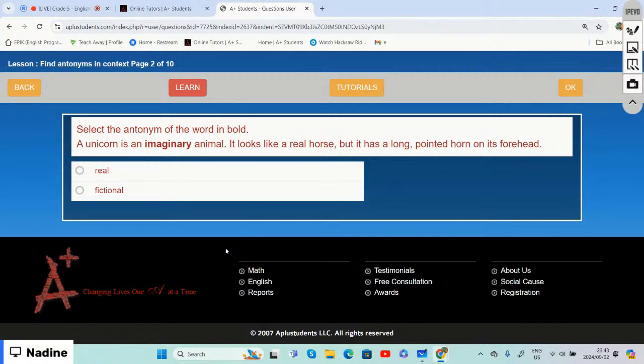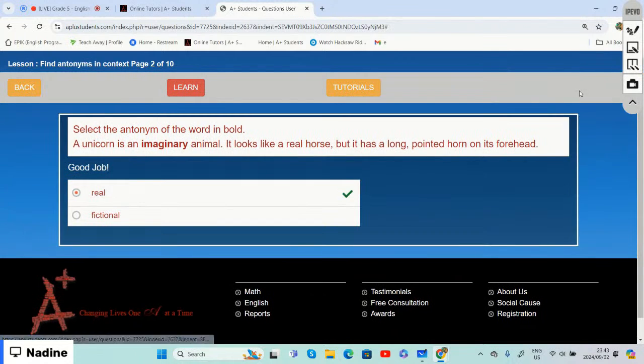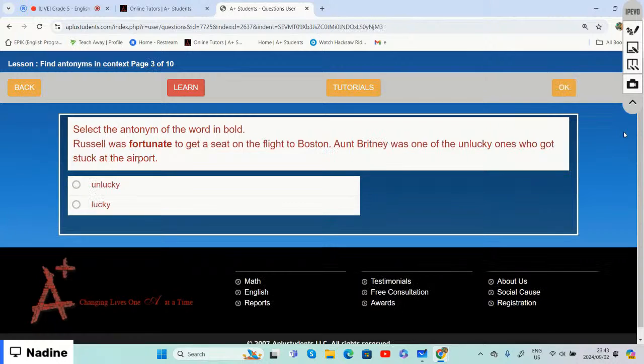And the word with the opposite meaning of imaginary, right? Then we can say it is real. Either you're imagining things or it is real.